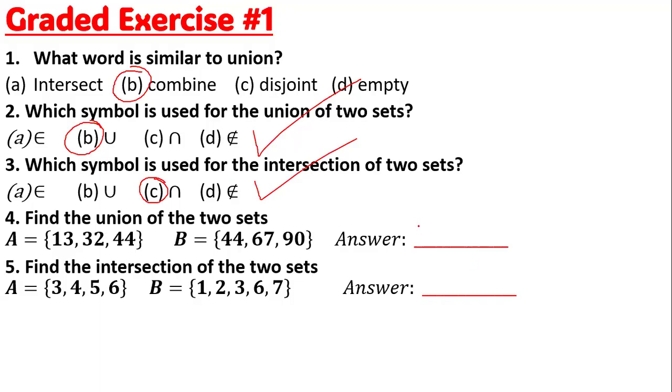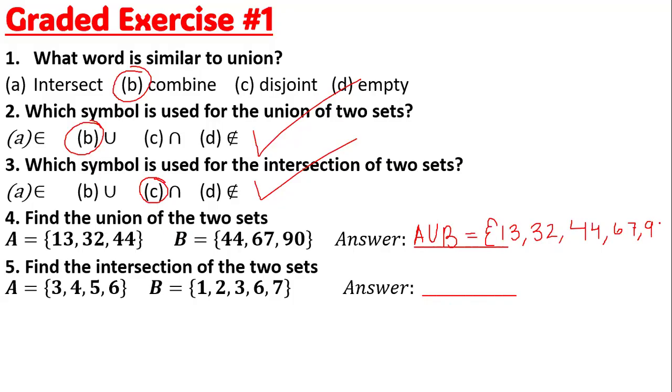The union is A union B equals open curly bracket 13, 32, 44, 67, and 90, and close curly bracket.